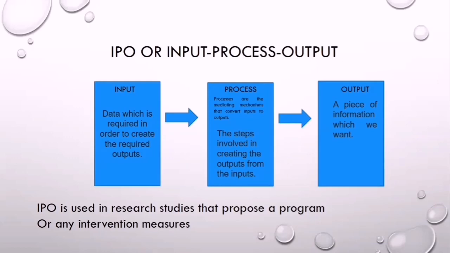Processes are the mediating mechanism that convert inputs to outputs, the steps involved in creating the outputs from the inputs. Paano mo ba ma-achieve yung output mo? No, ito yung process. The output is a piece of information which we want. Ano ang goal mo sa paggawa mo sa research mo?